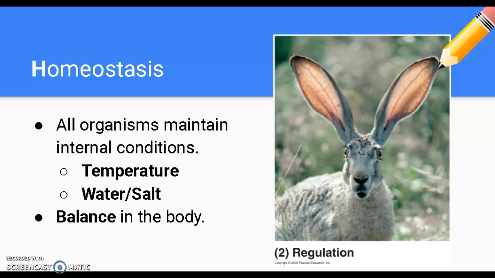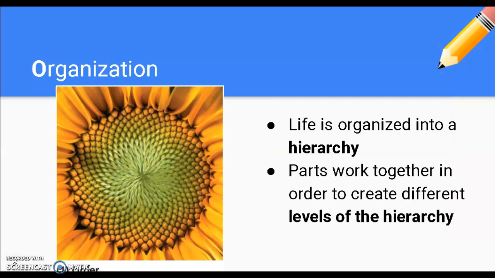So you try to maintain that balance in the body. We will be talking a lot more about how organisms are able to maintain homeostasis throughout the course of the year.